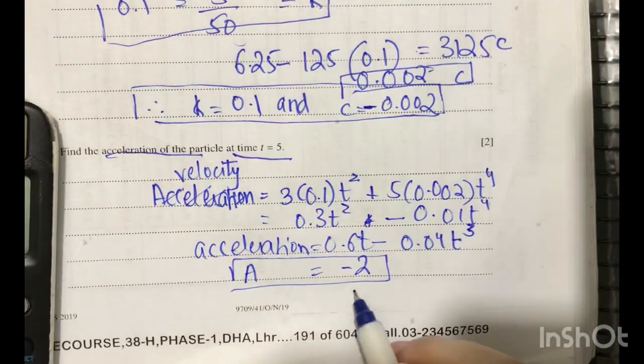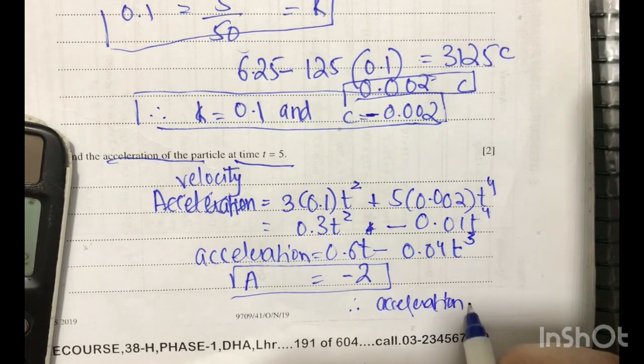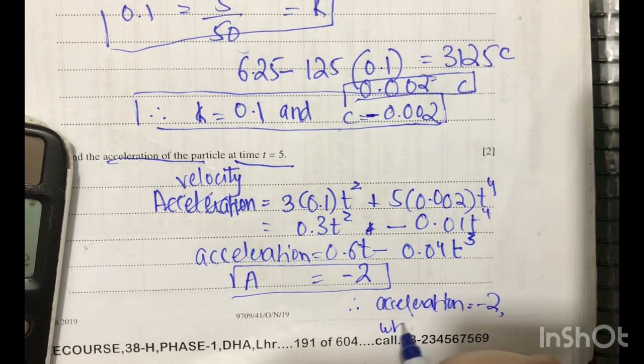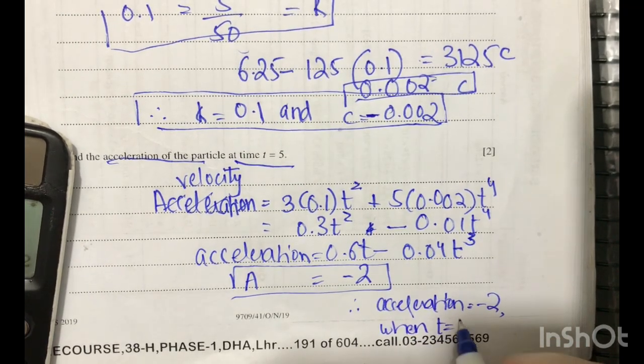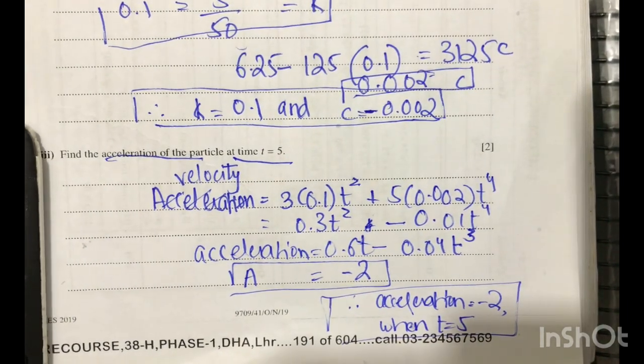So we can write this as: acceleration is equal to minus 2 when t is equal to 5. That is the end of question number 7 and this paper.